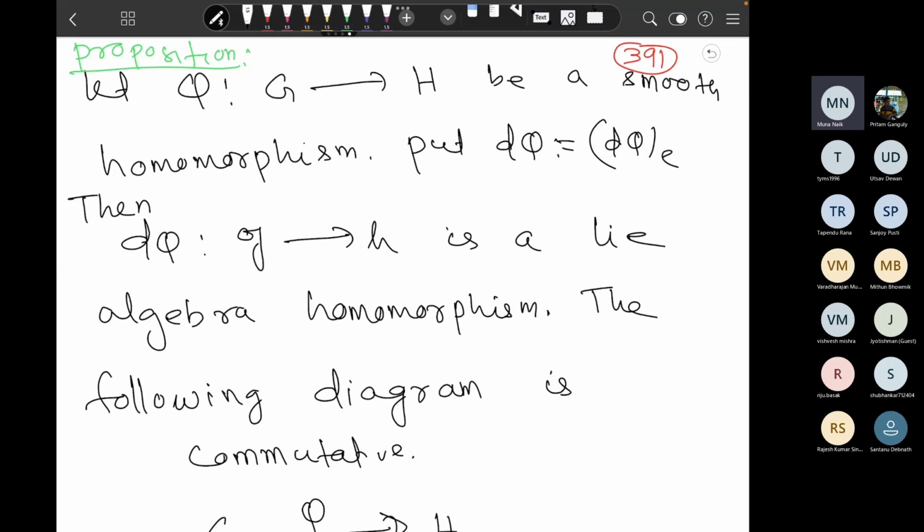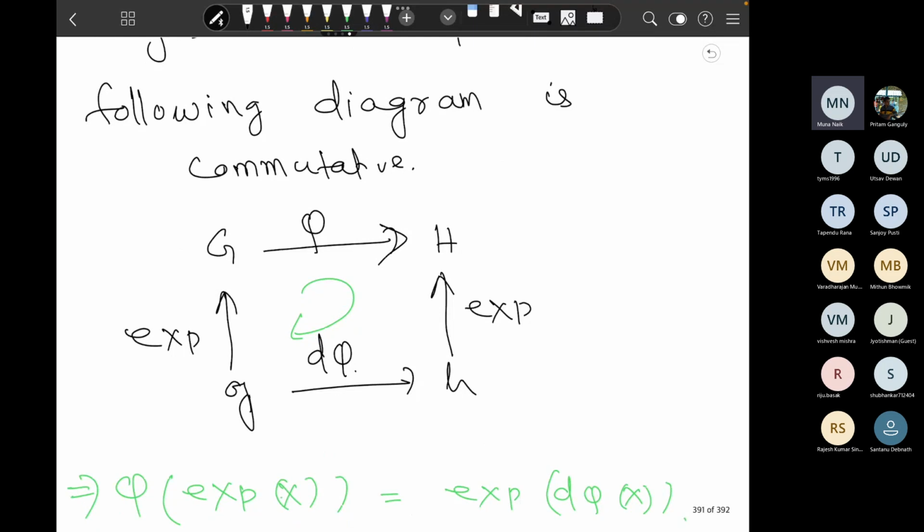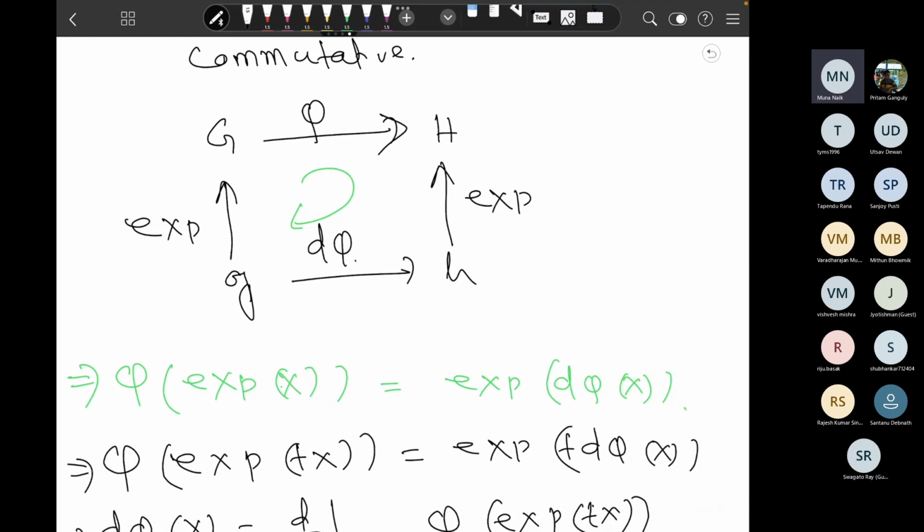Then d phi is a Lie algebra homomorphism, and the following diagram is commutative. This diagram is very important, and it will be useful to us. This is the relation: phi of exponential of x is equal to exponential of d phi of x.